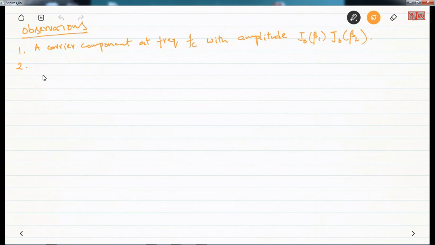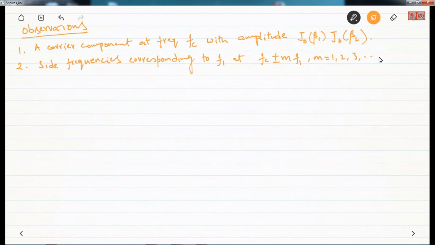Now the carrier component is over. So think about the side frequencies corresponding to f1, at fc plus or minus mf1, for m equal to 1, 2, 3 and so on up to infinity, right?